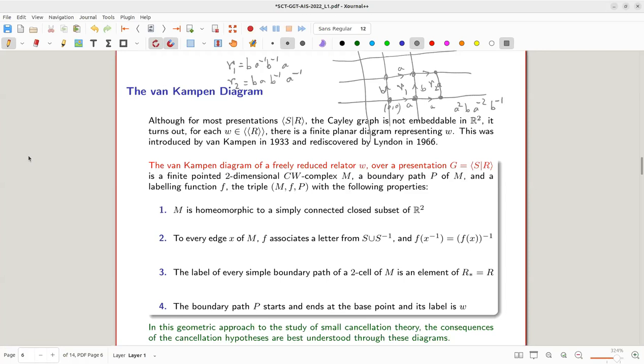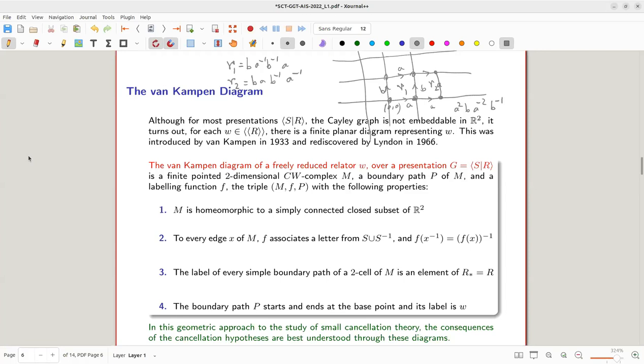We can see clearly in this case that we have an element omega given by the boundary of this planar region, the union of these two squares, and the boundary word reads like this. This is clearly a product of conjugates of the relator. This is a one relator group.